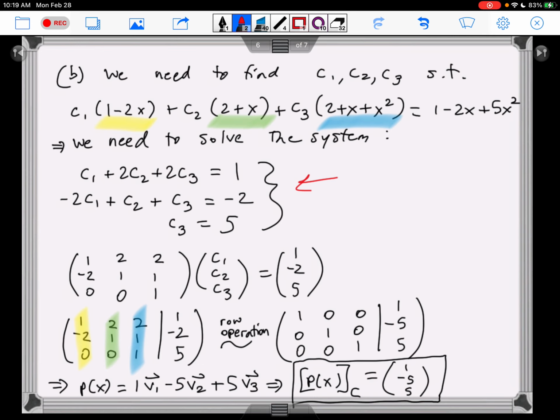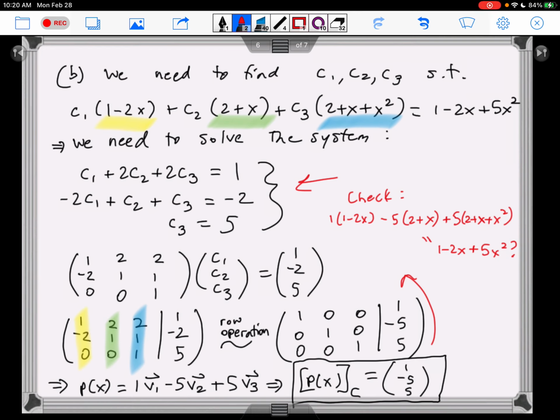And by the way, you can check your work here, okay? If you were doing this on an exam, how would you check your answer? You could check if this statement is really true. In other words, is it true that 1 times your first polynomial minus 5 times your second polynomial plus 5 times your third polynomial does in fact equal V, the polynomial we care about, or P of x as we called it in this problem?